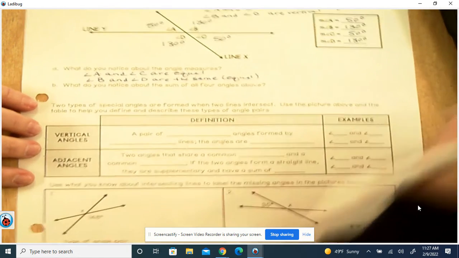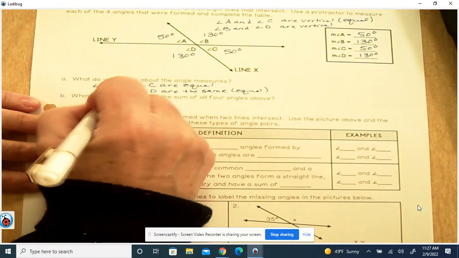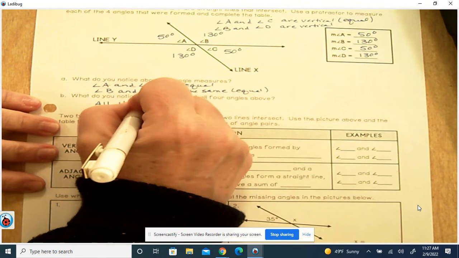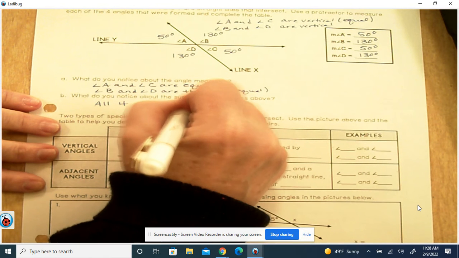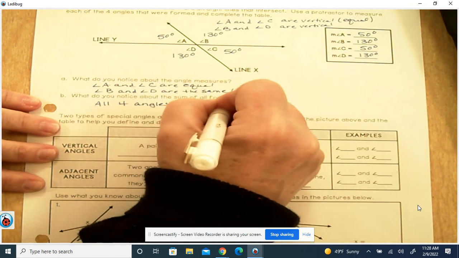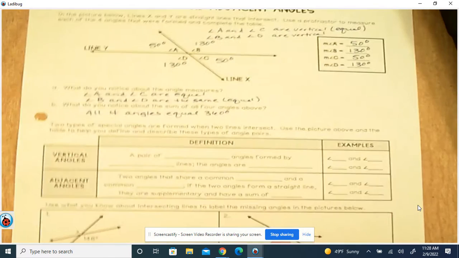All right. What do you notice about the sum of all four angles? It's like a circle. If you went all the way around, all four angles equal 360. And then half of 360 is 180, which gives you that supplementary angle.